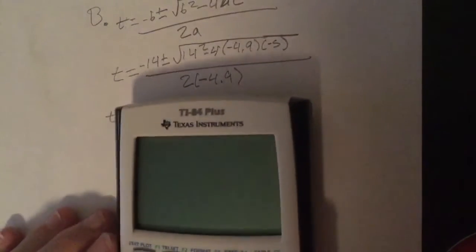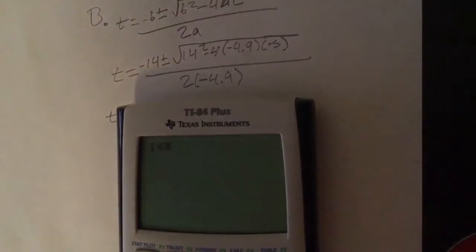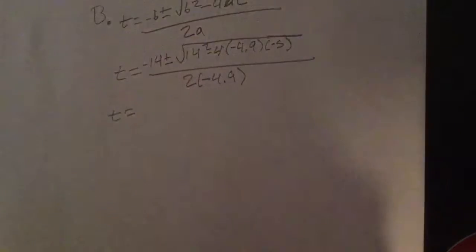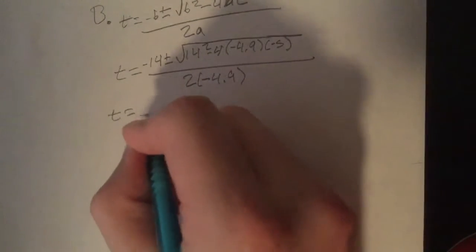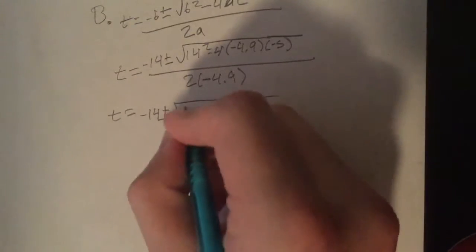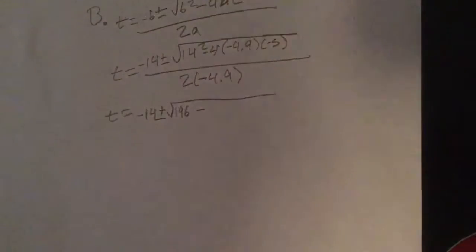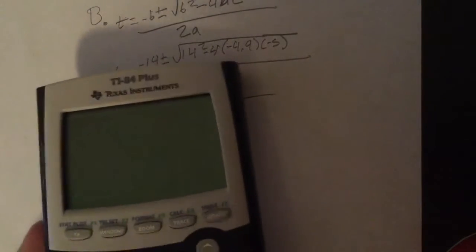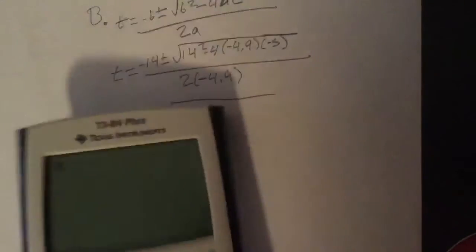So here we're doing 14 squared, and that is going to get us 196. So we're going to do negative 14 plus or minus the square root of 196 minus... I shouldn't be assuming that, but I put a minus there because I know that a negative times a negative makes a positive, times another negative makes a negative.